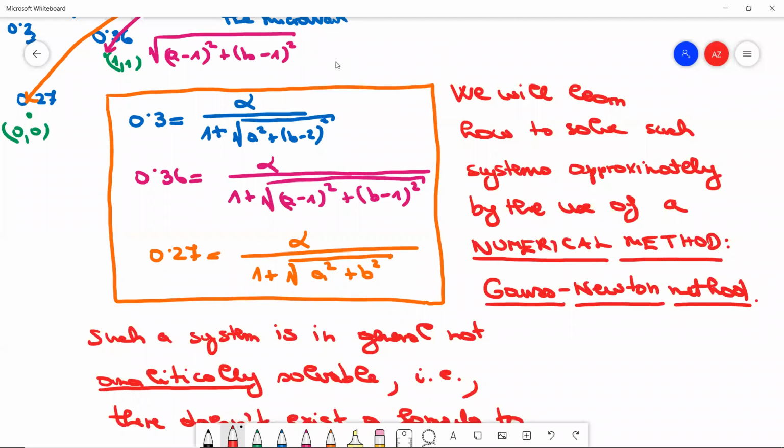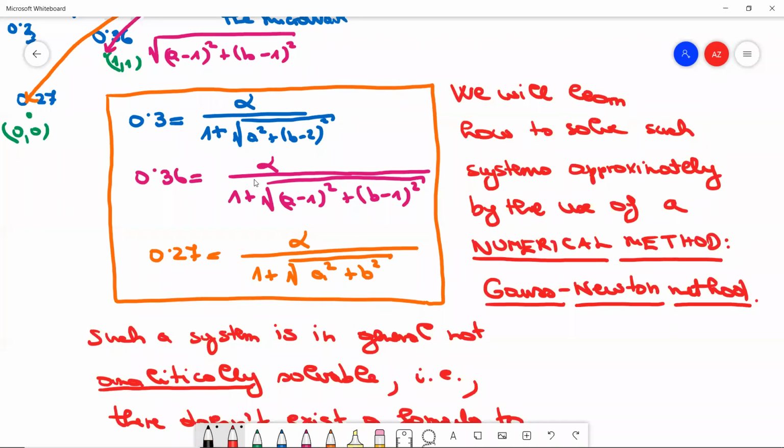Okay, if not, to be able to apply this numerical method, the Gauss-Newton method, there will first be a trick, which is very easy. It's just a technical thing. We would like to transform the system into a system for which we are searching for its zeros.